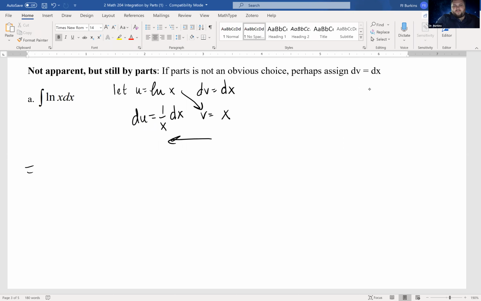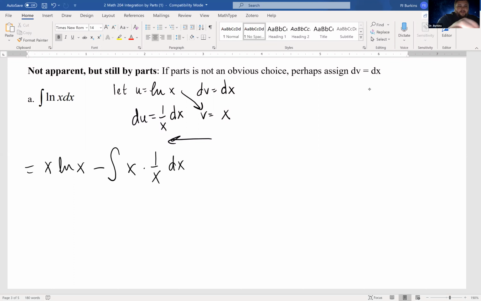Now, when we do u times v, that's a multiplication, which means it can be u times v or v times u. I can write it in either order, and I'm going to do that here because I want the x to be in front of the natural log. It's multiplication, so you can commute. Then I need minus the integral of v times du. So x times 1 over x dx.